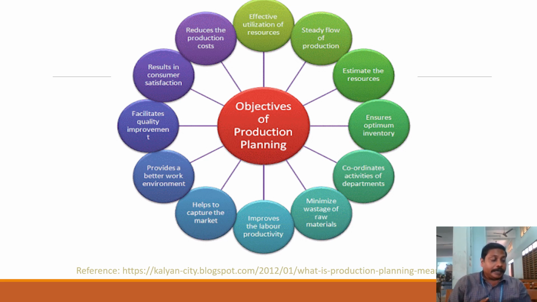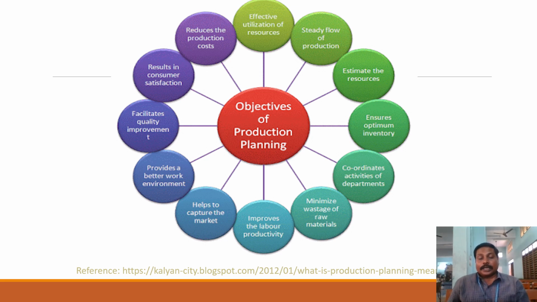Sixth one is maintain flexibility. If there are any changes in the market, your system should also adapt to the changes, with the ability to be flexible according to the market demand.